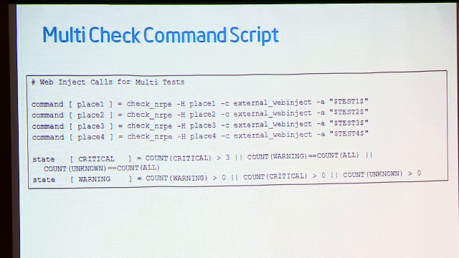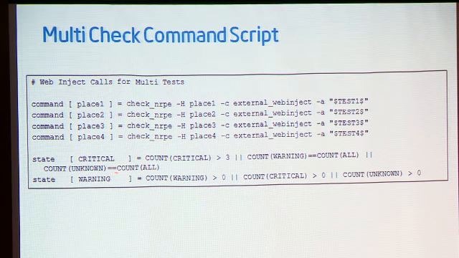And for the threshold, we said, okay, for critical, we need to count critical 3 or more. If all of these tests are giving me warning, just put critical. And if all are unknown, just put critical. Put warning if there is more than one warning, more than one critical, or more than one unknown. It's pretty simple to configure this.